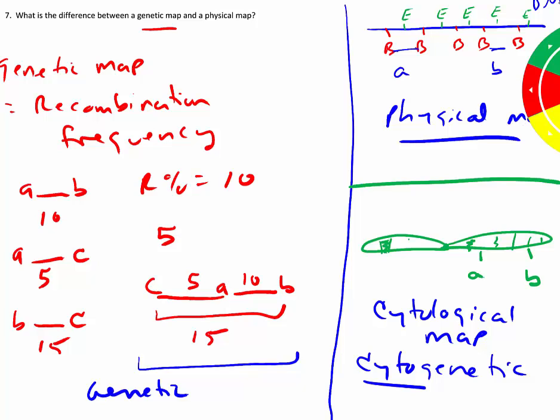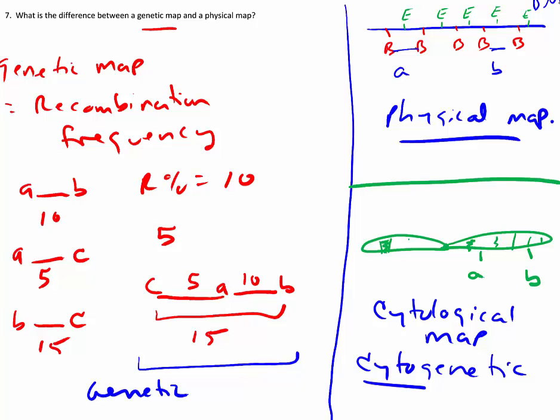So genetic is really an abstract map, just based on the results of a test cross, or based on recombination frequency, however you happen to figure that out. And then a physical map means you had to do something with the DNA. You had to use some kind of molecular biology technique to map it.